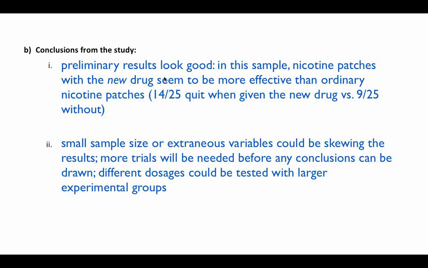All right, so just quickly, if these results look good, what does that mean? There is an entire branch of statistics beyond anything that we're going to do in this course called inferential statistics. We look at the data that we get from different experiments or different correlations, and we try to make inferences or predictions about the population. So if we say that these preliminary statistics look good, well, how good is good?